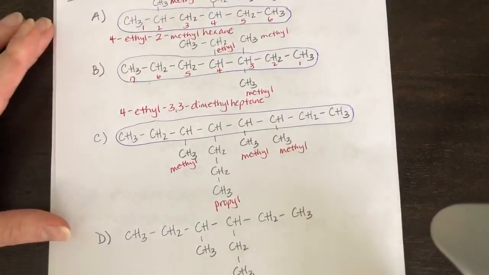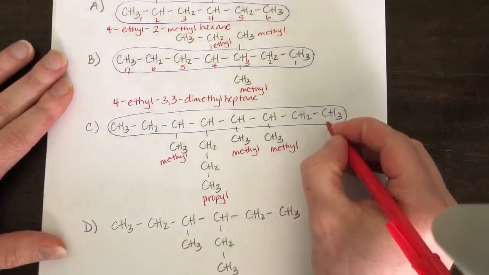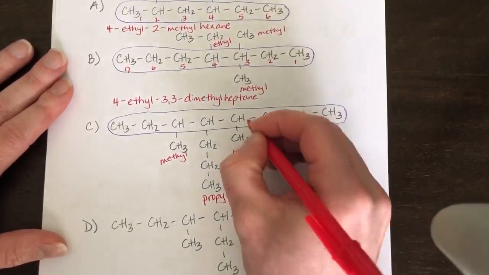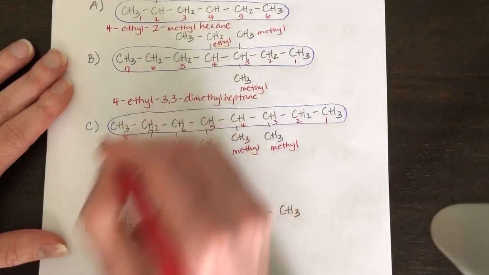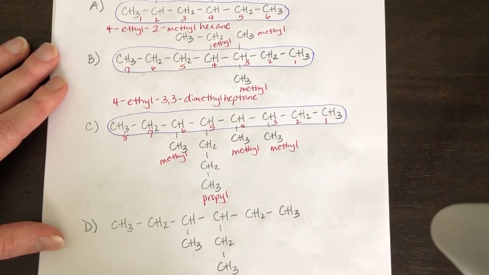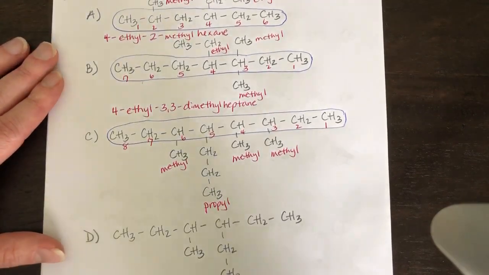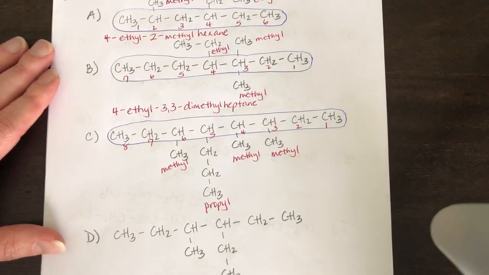So methyl is going to come before propyl in alphabetical order. Just keep that in mind. And we're going to number going this way, 1, 2, 3, 4, 5, 6, 7, and 8. It actually really wouldn't matter which way you go. If you go 1, 2, 3, or 1, 2, 3, they're still going to be the same thing.